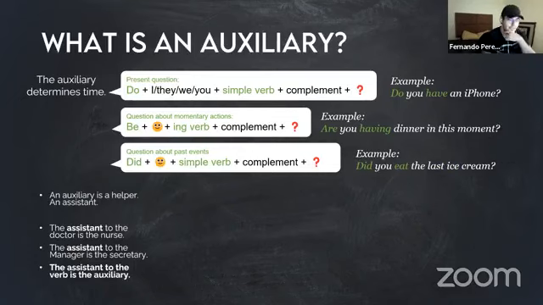What difference do you see? What do you see here?